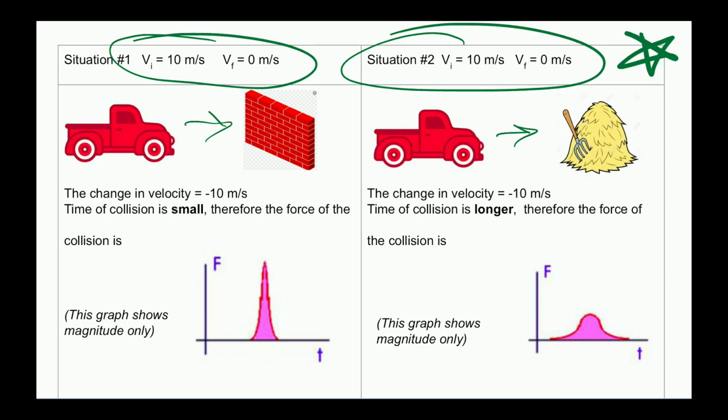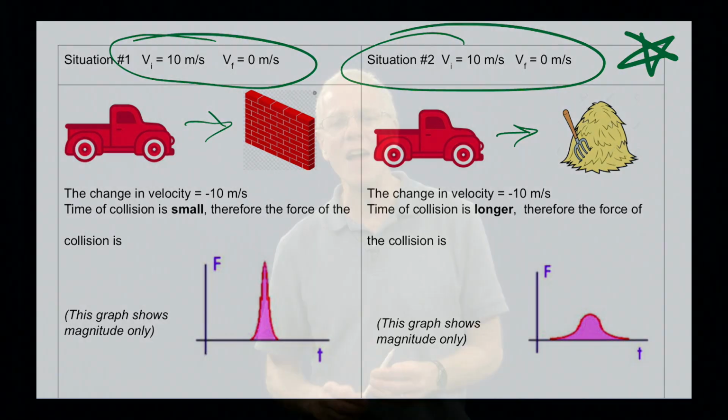Now, if you want to ease the force on you, you can take advantage of your knowledge that even though you're stuck with reducing your momentum by an amount equal to the mass of the truck times the velocity change, which was -10, and therefore stuck with the same impulse requirement, you can choose how you want that impulse applied.